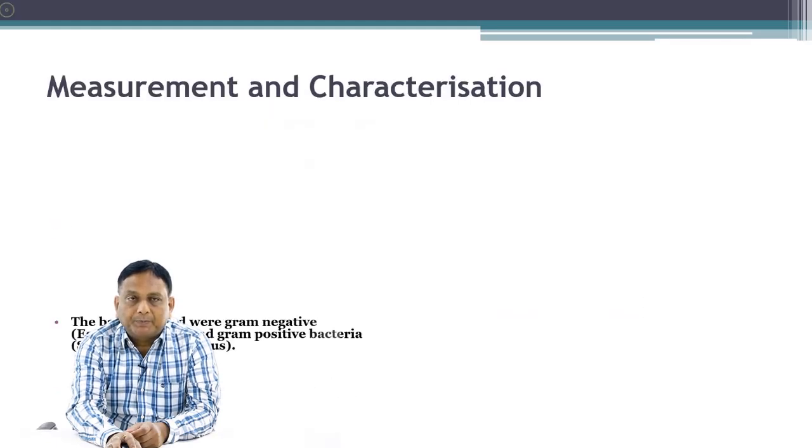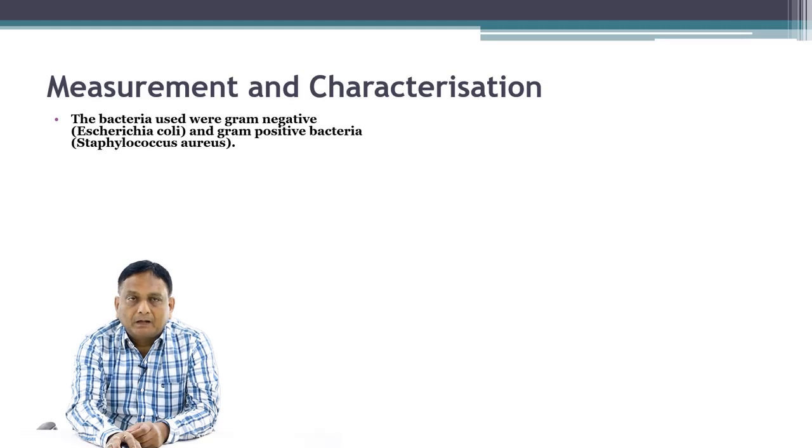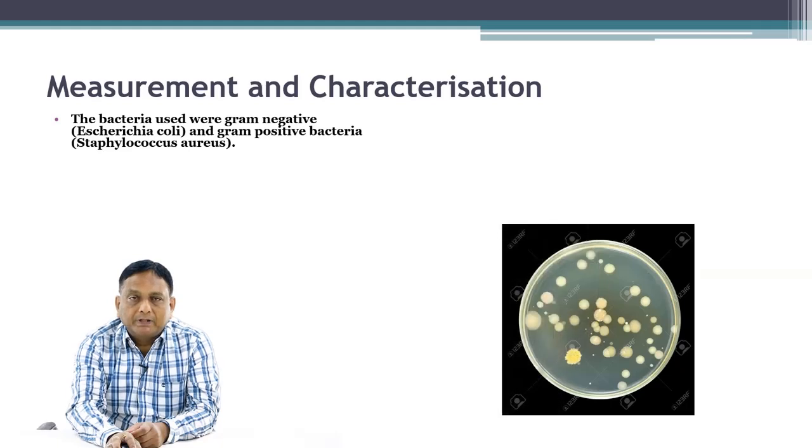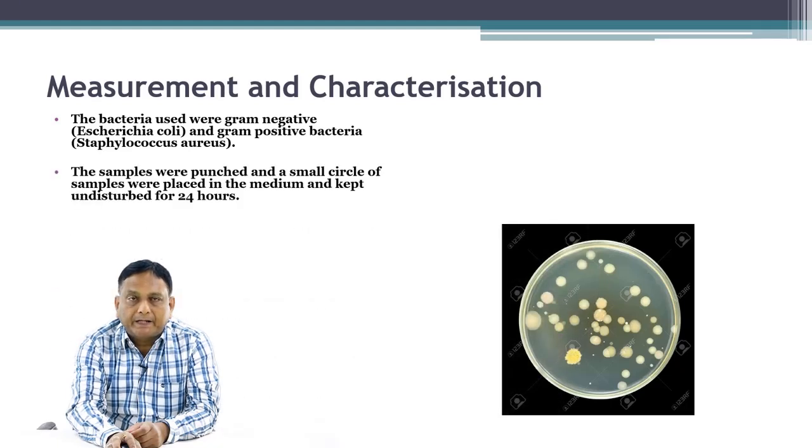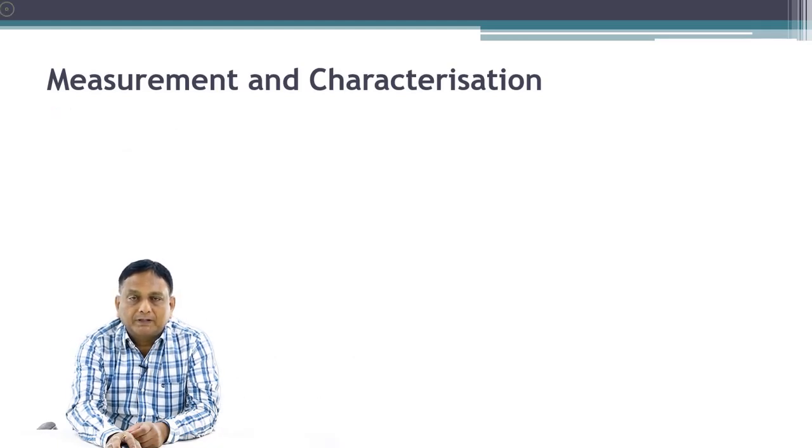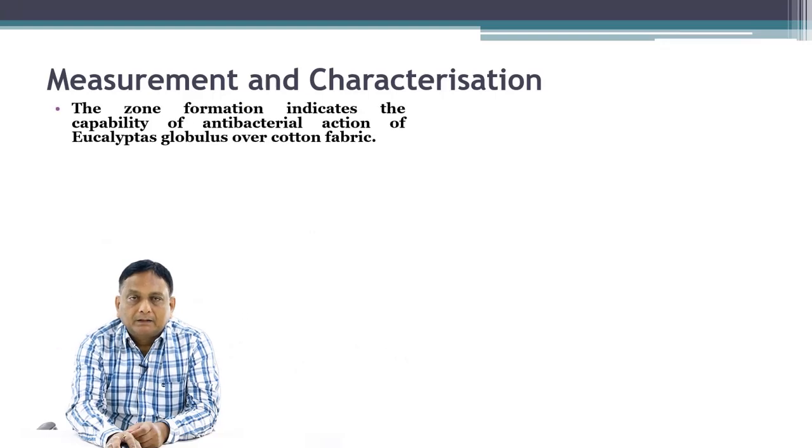The medium is prepared and then the antimicrobial activity is judged through different bacteria: gram-negative bacteria, Escherichia coli, and gram-positive bacteria, aureus. So different kinds of bacteria are used for this purpose, and we see the activity of the antimicrobial treatment against those bacteria.